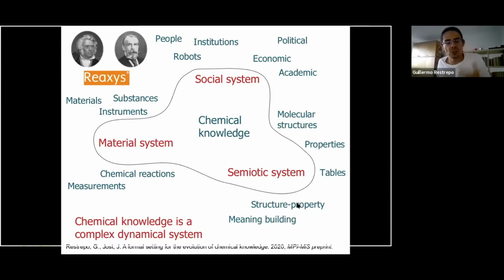Structural properties are also ways of communicating chemical information. And here we also have the important subject, in chemistry as in every science, of meaning building of the subject we are considering. This is the setting. We could put this in a mathematical framework, but the idea is that we have three systems which are interacting, and from that interaction we have the emergence of chemical knowledge.